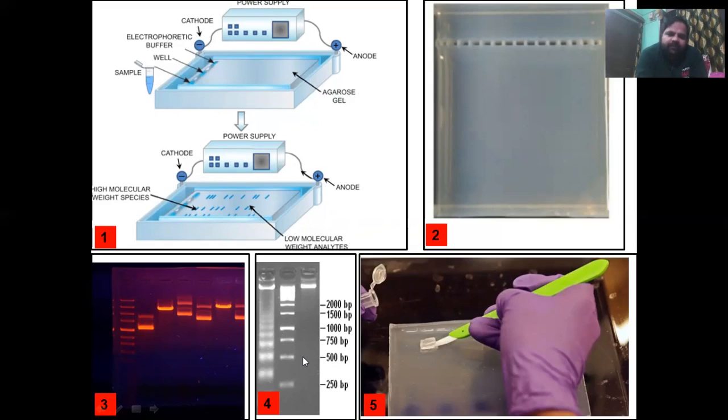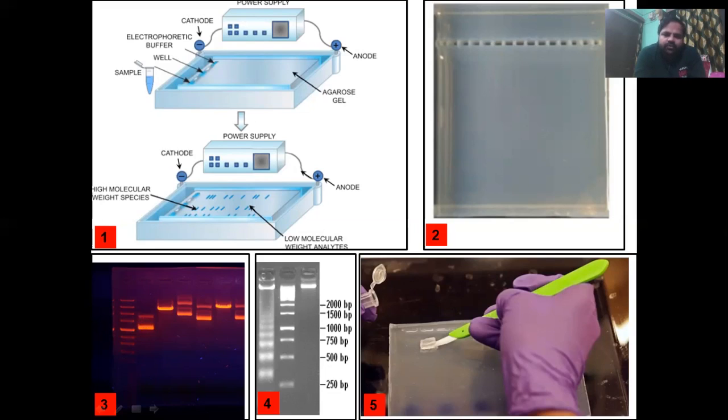It means when we move towards the upper side, or we can say towards the cathode side of this gel, then we will find the heavy molecular weight DNA. So on the basis of this molecular weight, we will come to know what is the region where my digested DNA will be present.